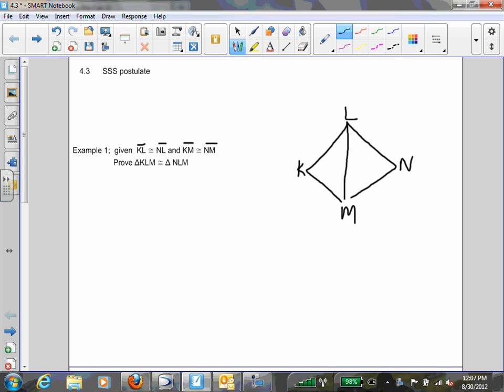So the side, side, side is the SSS postulate. Side, side, side. Okay?